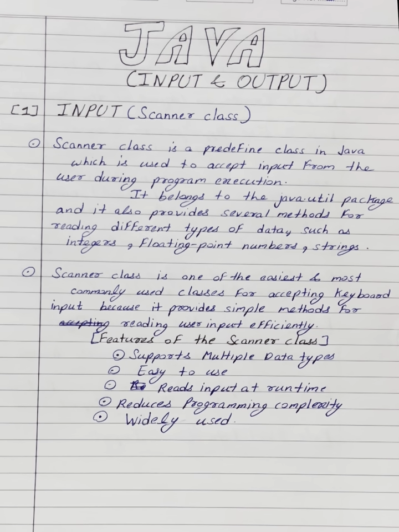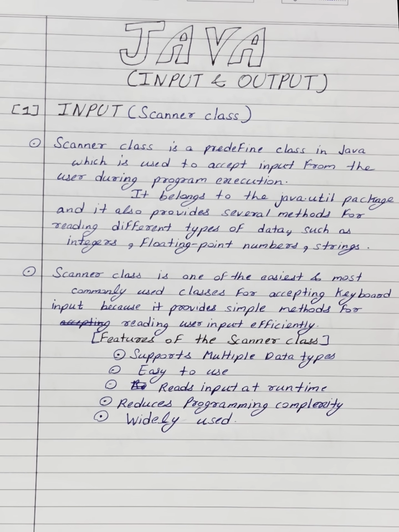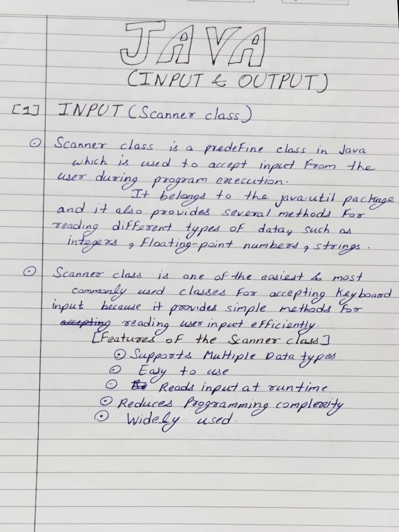For example, if a program asks the user to enter their name, age, or marks, then that time values entered by the user are considered as input, and the program processes this information to perform the required operations and then generate the desired result.